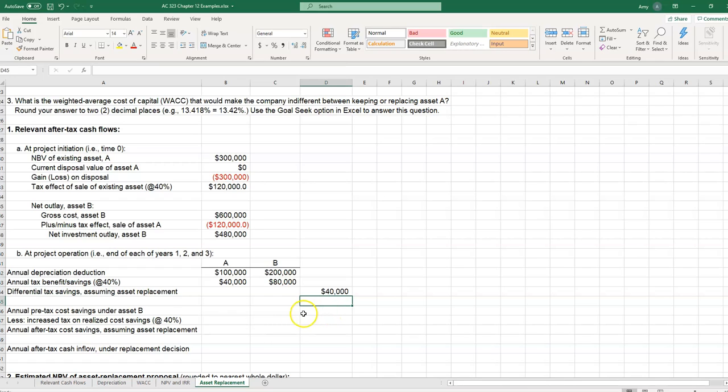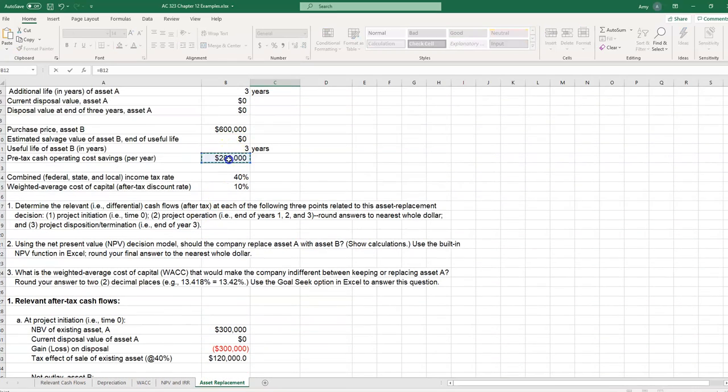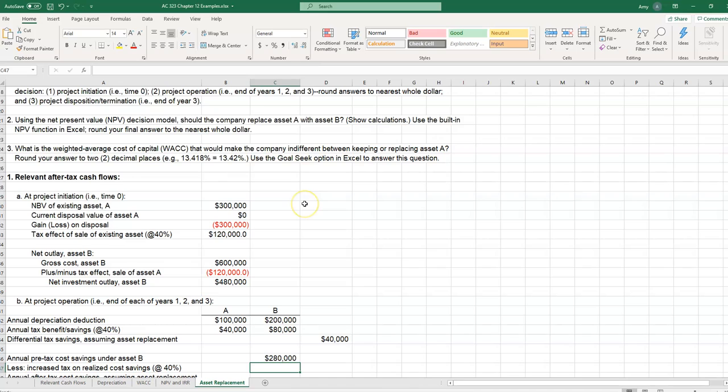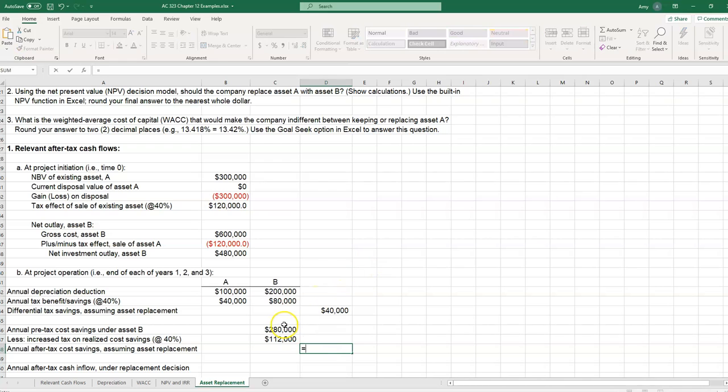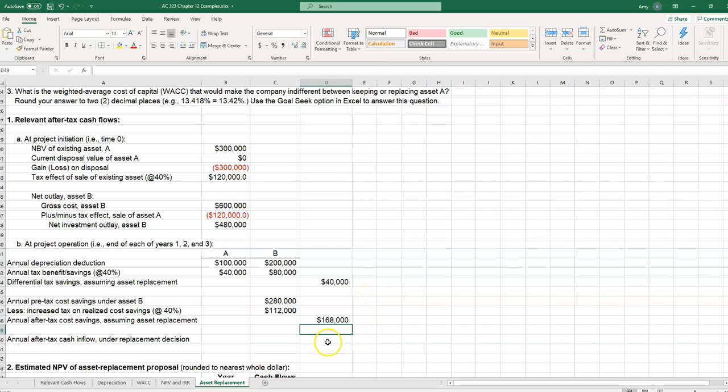Next, we're going to look at the annual pre-tax savings under asset B. So our pre-tax cost savings with machine B are $280,000, and our tax on those cost savings is $112,000. So our annual after-tax cost savings is $168,000.